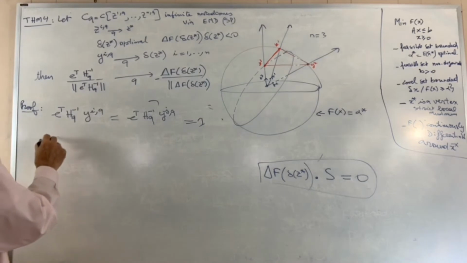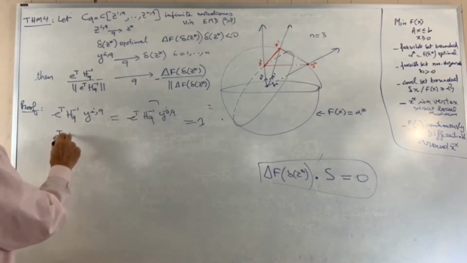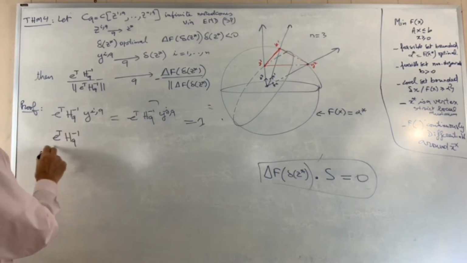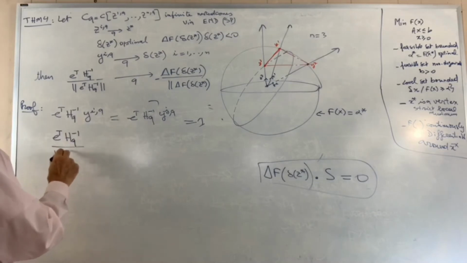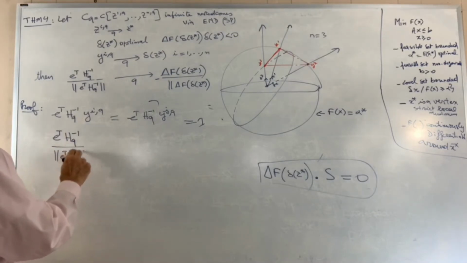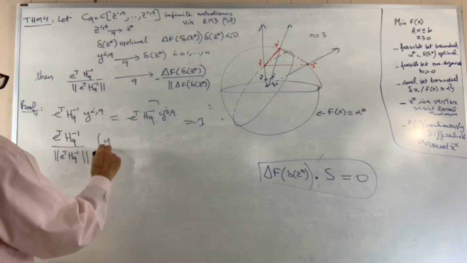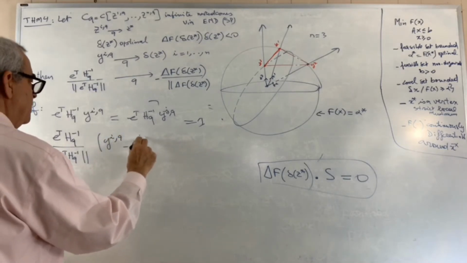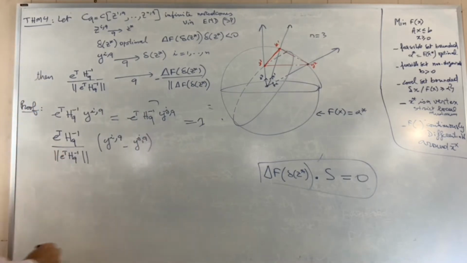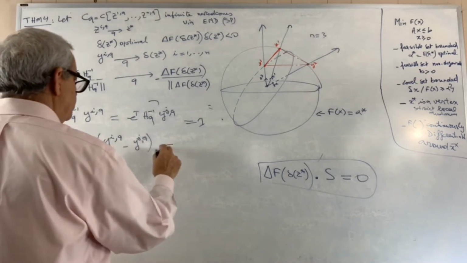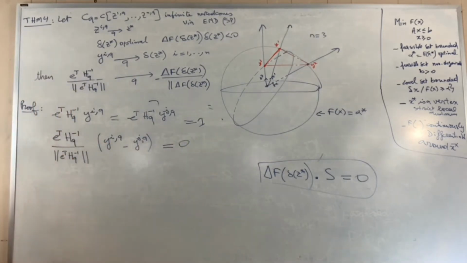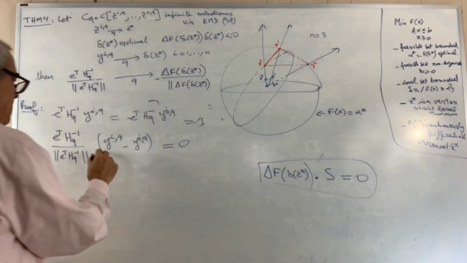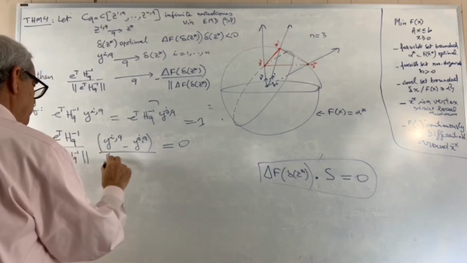So therefore, e transpose H_q minus 1, which I'm going to normalize, times y_iq minus y_jq is equal to 0. And therefore, if I divide by a norm, it's still equal to 0.